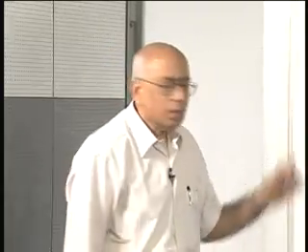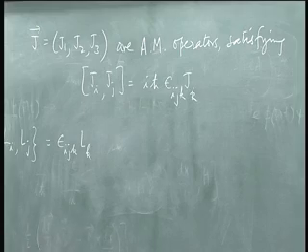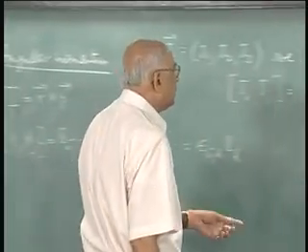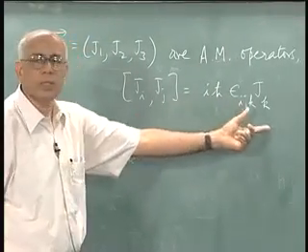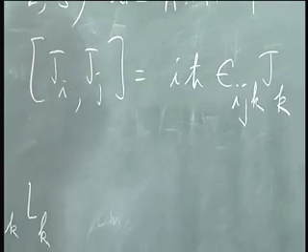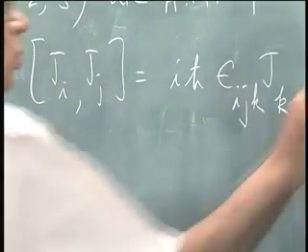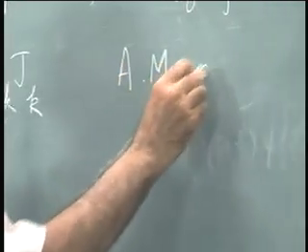So any quantum mechanical angular momentum of any system whatsoever is represented by three Hermitian operators J1, J2, J3, which satisfy this commutation relation. That is it. And of course you can see this has got physical dimensions of angular momentum. This is the square of an angular momentum here, so it matches on this side. This is called the angular momentum algebra.